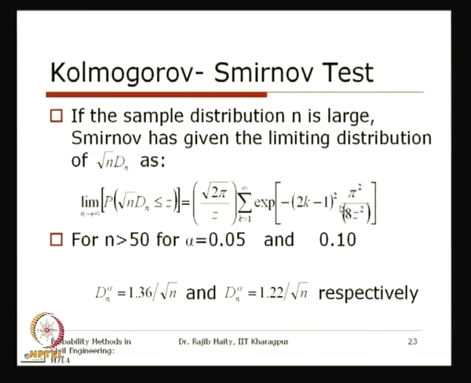So if you do a hand calculation, you will see that if you consider only the first term, that is k equals 1, and ignore the remaining, the result is very closely matching, varying only after the third decimal or so.